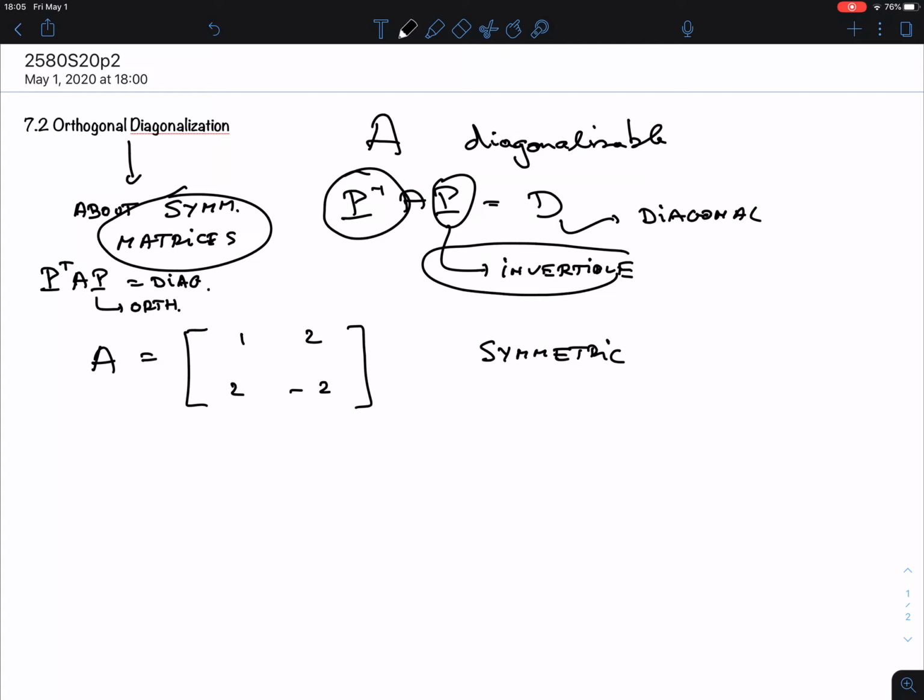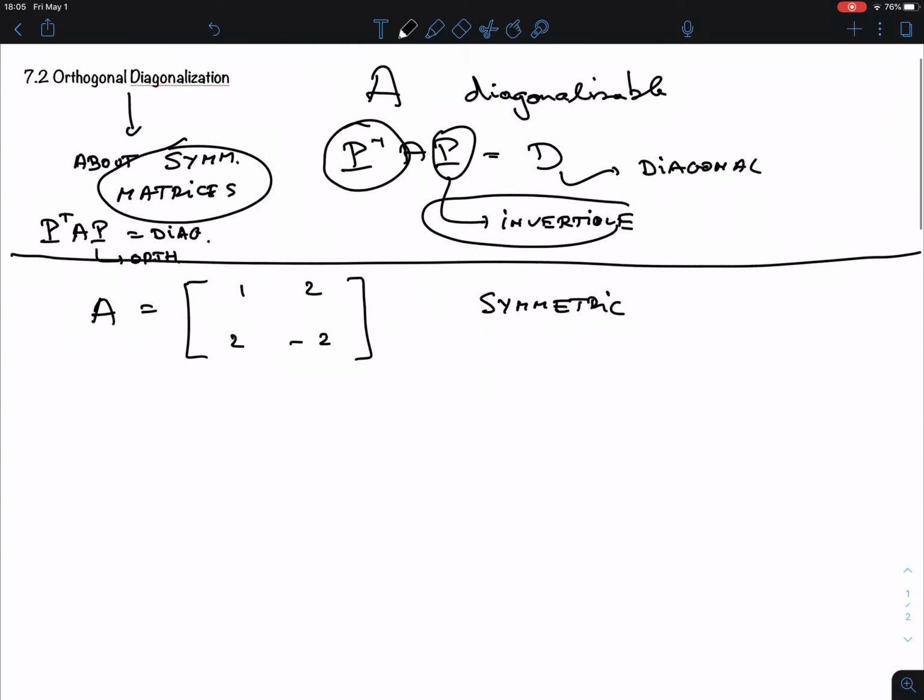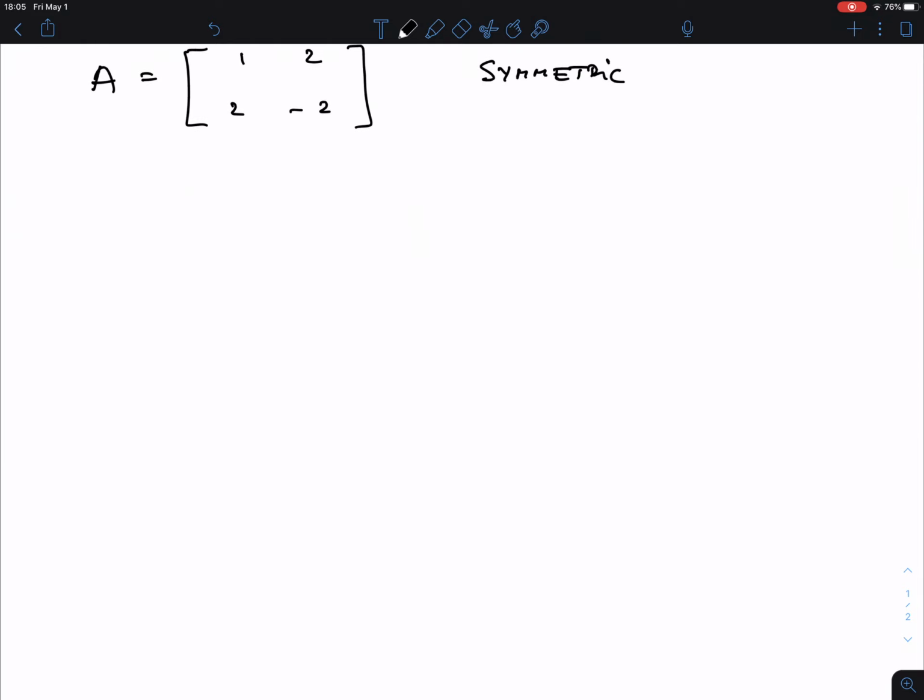One of the things we had to do in diagonalization was calculate the inverse of P. Well, now we just take the transpose and we're done. That's why the example that I chose is a symmetric matrix. But before we do that, let's first just diagonalize it, without orthogonal.